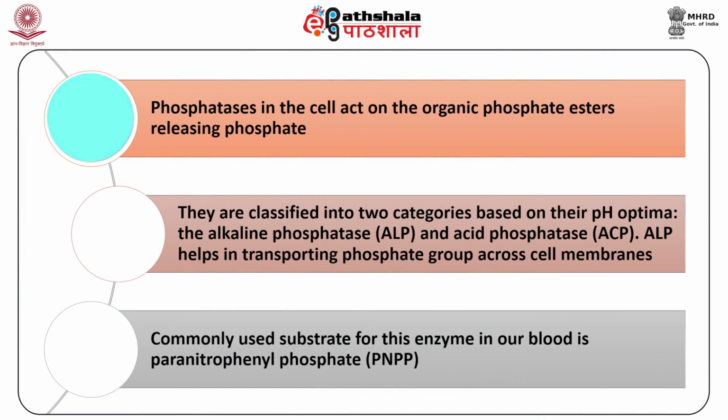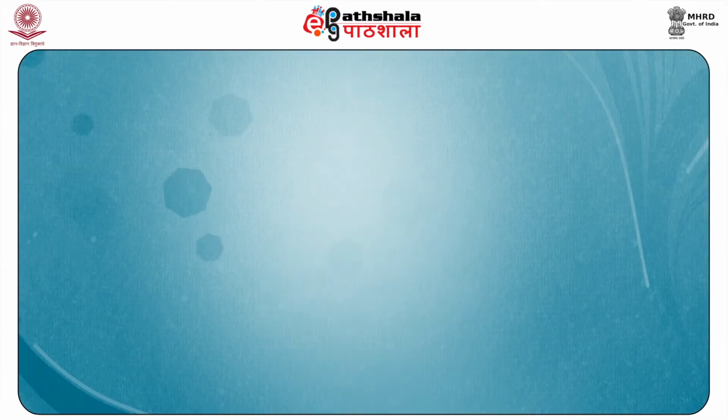Phosphatases in the cell act on organic phosphate esters, releasing phosphate. They are classified into two categories based on their pH optima: the alkaline phosphatase and the acid phosphatase. Alkaline phosphatase helps in transporting phosphate groups across cell membranes. A commonly used substrate for this enzyme in our blood is paranitrophenol phosphate, usually abbreviated as PNPP.